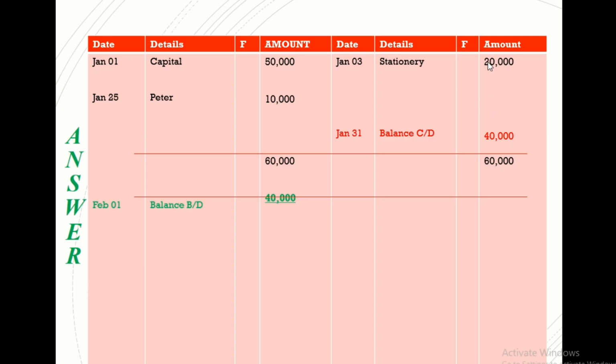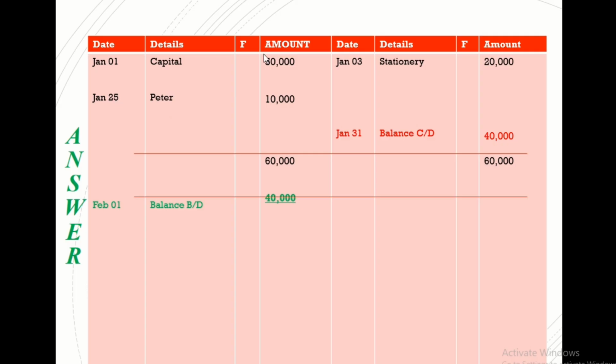Now, how do we find the balance carried down? Balance carried down is the balance at the end of a particular accounting period, especially here the balance at the end of January as a month.